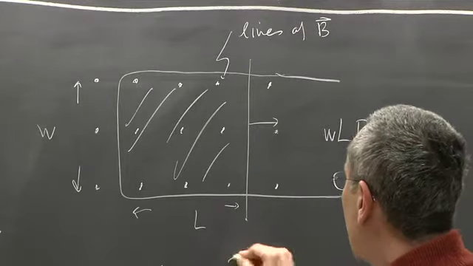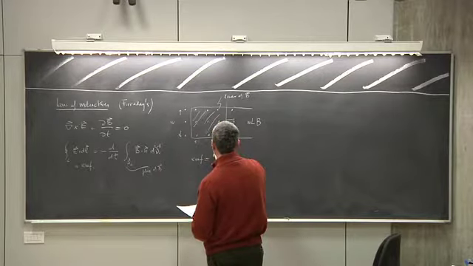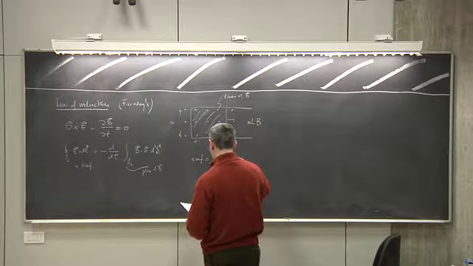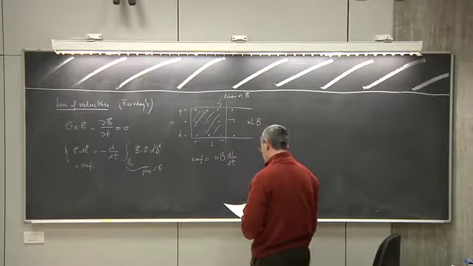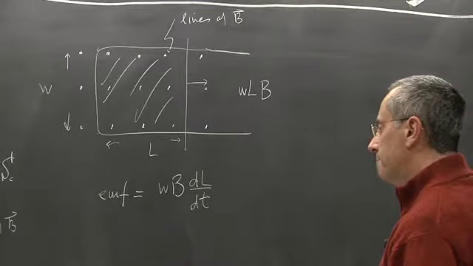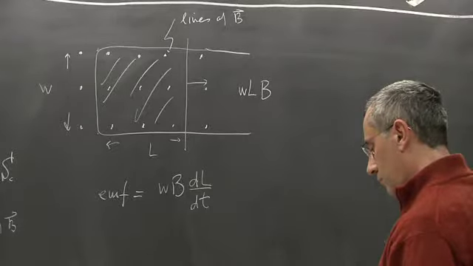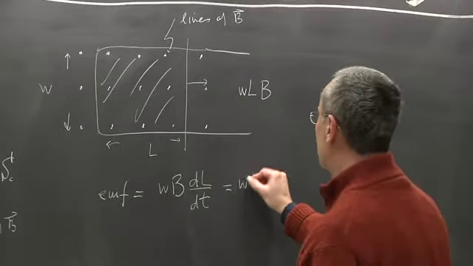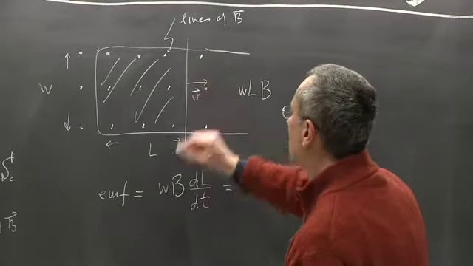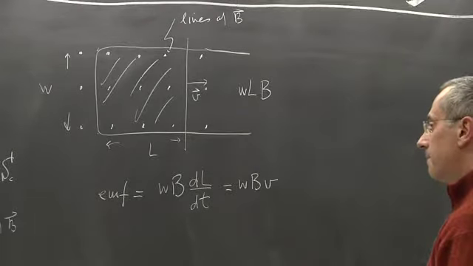The W and B are constant because this width is constant, the B is uniform, so the only thing that is changing is this length, so the derivative is going to change with this, so in other words, the velocity times the width, right? I'm pulling this bridge across there.